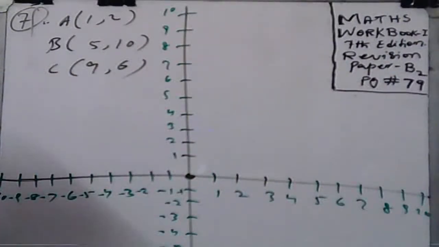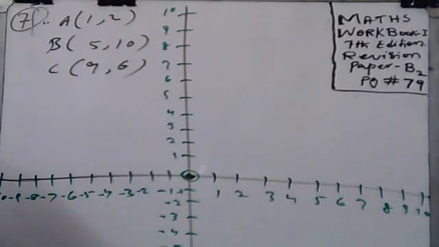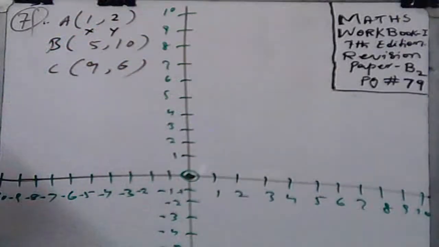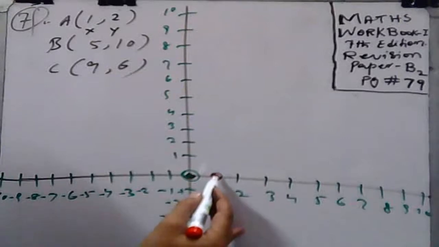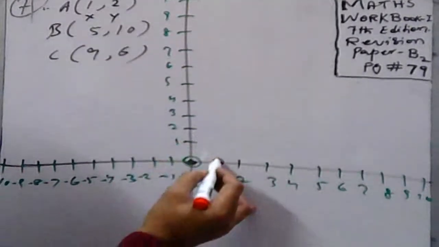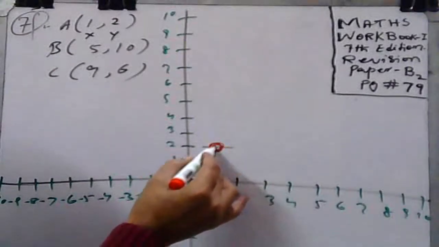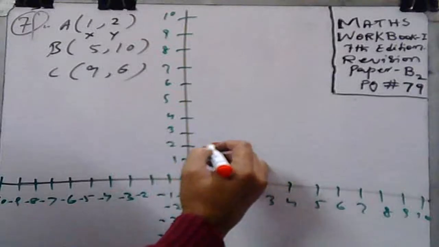Now draw the points here. How can you draw them? It has been given to you that the first value is x and the second is y. So for point A, x is 1 and y is 2, mark it with a cross and label it A (1, 2).